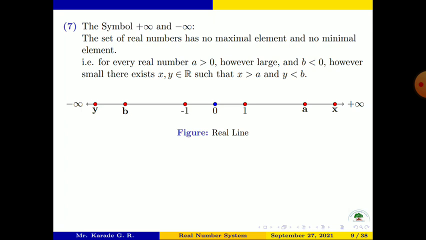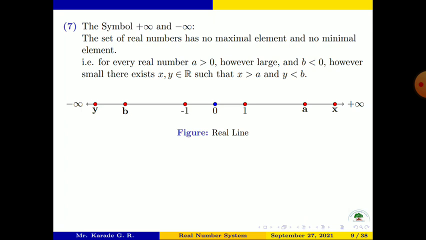Every point on that real line is associated with one real number. So there is a one-to-one correspondence between the set of real numbers and the real line. Every real number we can geometrically represent on the real line.